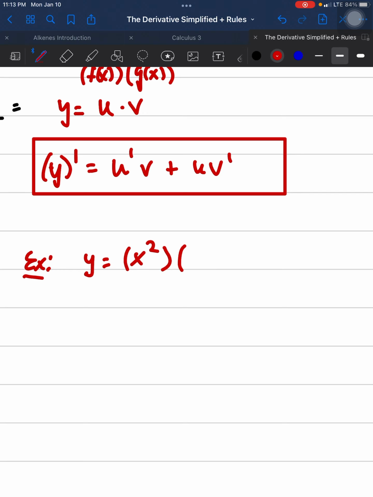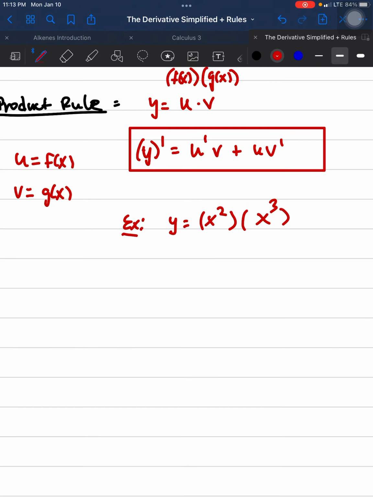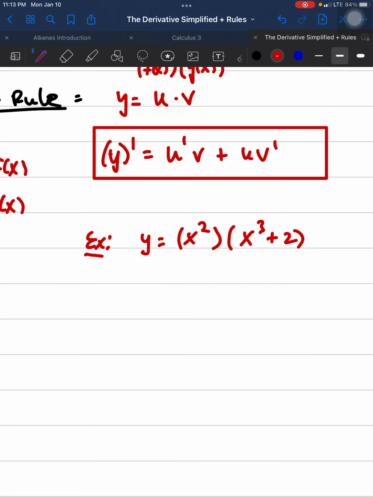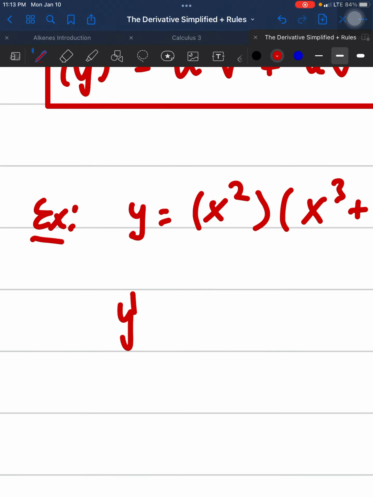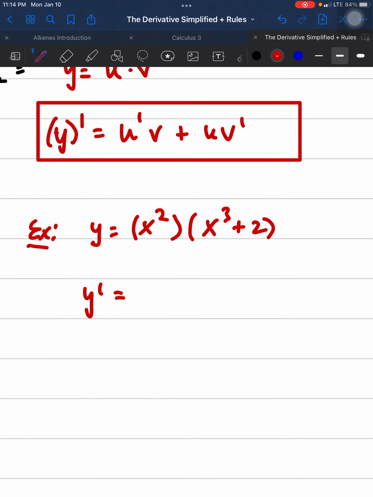So this is going to be f of x, and we want to find the derivative of this product. But how do we find the derivative of this? We apply the product rule.